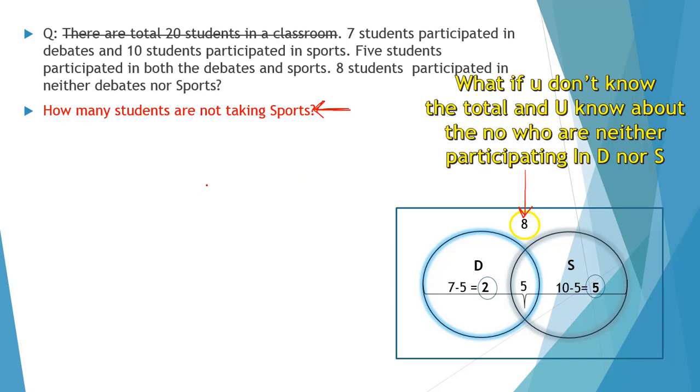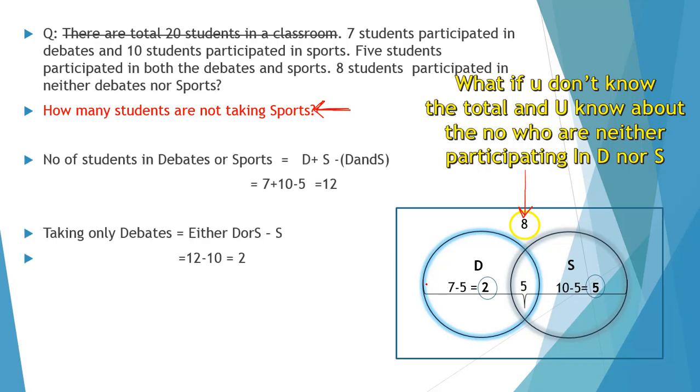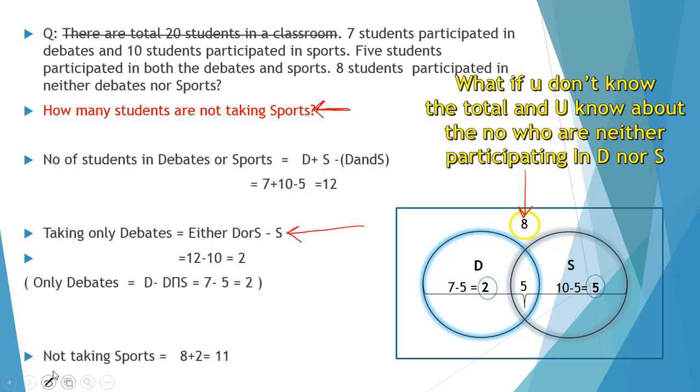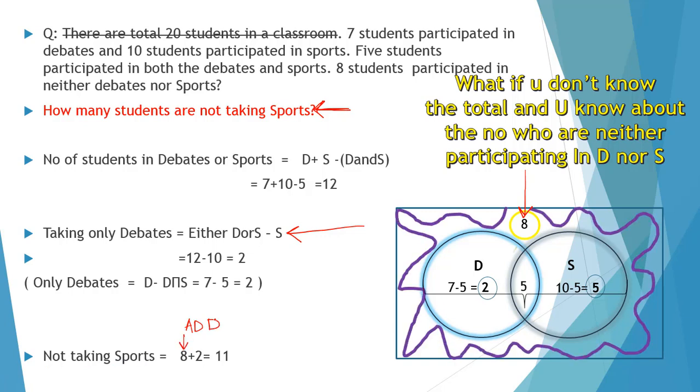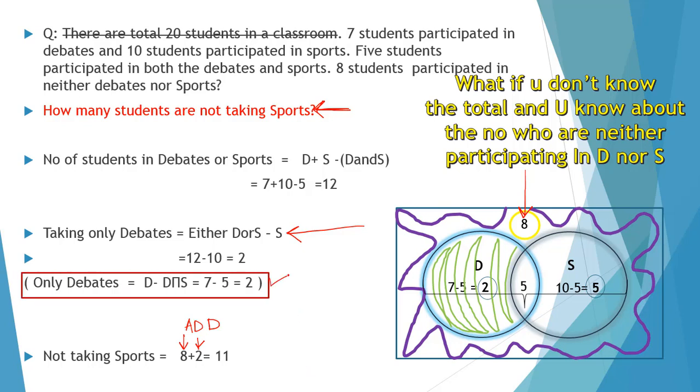First, calculate the number of students taking debates or sports, and subtracting sports from this number will give the number of students who are just taking debates. And the number of students who are not taking sports is equal to neither debates nor sports plus only debates.